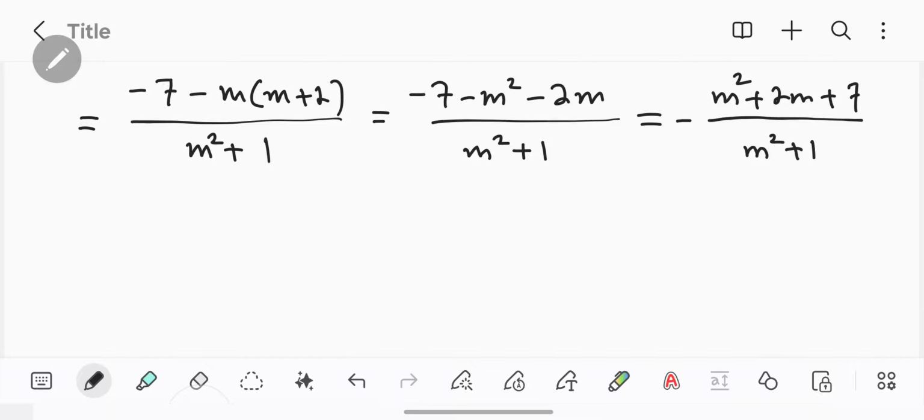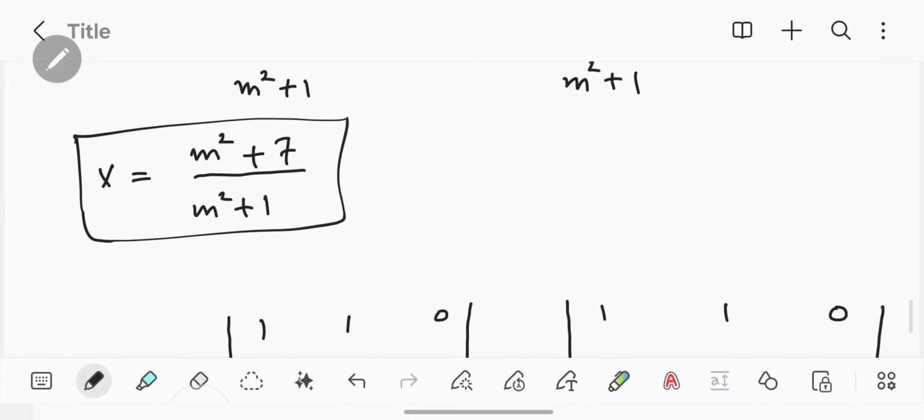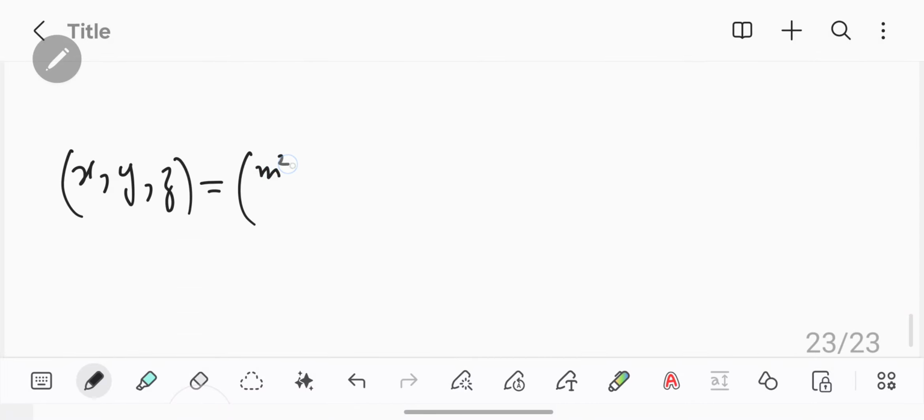So that means if I write the solution, my solution x, y, z is equal to, first of all, I will write the value of x. The value of x was m squared plus 7 over m squared plus 1.